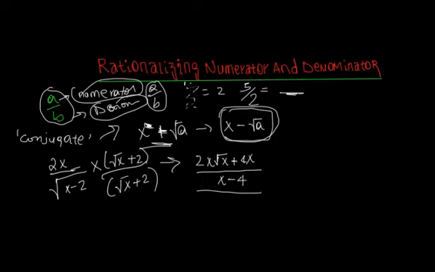I will also add one more example to this, so you would have a little bit more understanding of how you rationalize numerators and denominators.